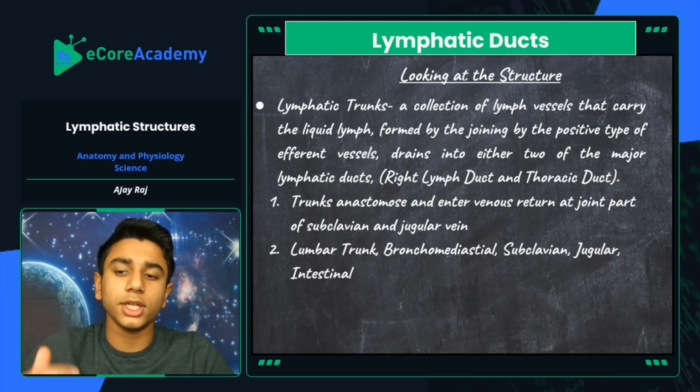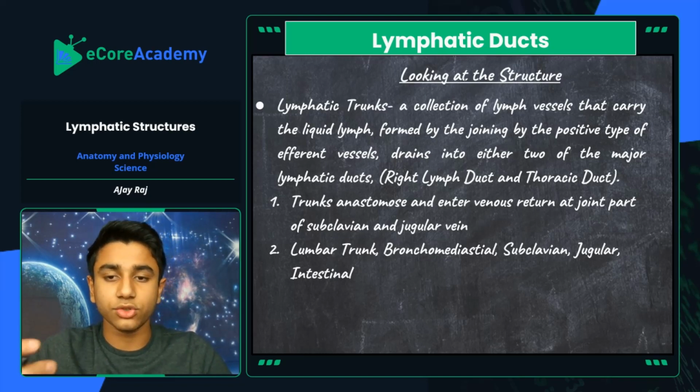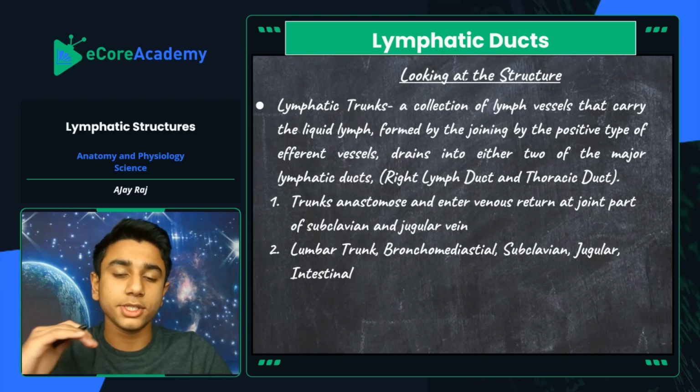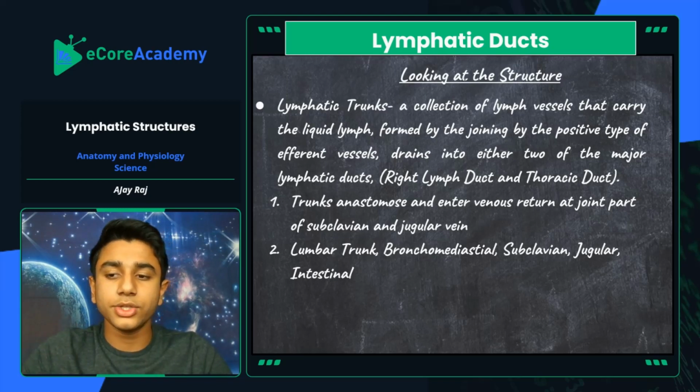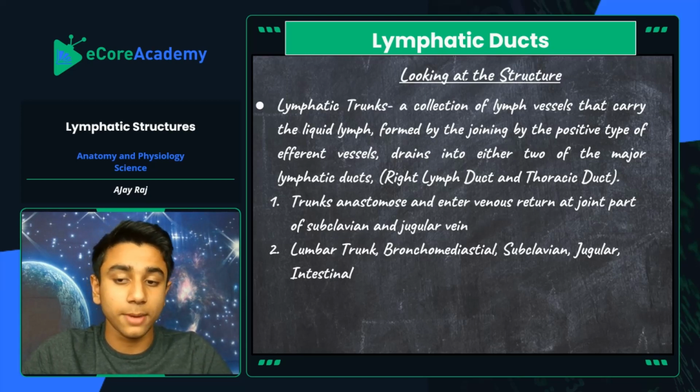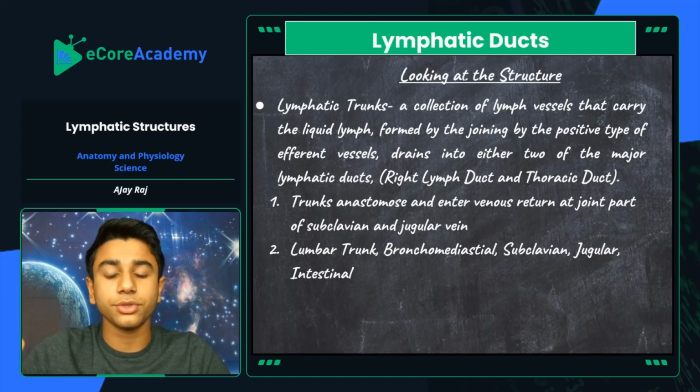And lymphatic trunks are a collection of lymph vessels that carry the liquid lymph, and these lymphatic trunks are located on different parts of the spine, and they're formed by joining the efferent vessels to the afferent vessels, and it drains into either of the 2 major lymphatic ducts, which are basically your drainage points, and they're located near these major joints, and they're known as the right lymphatic duct and the thoracic duct, and that's also determined by the spine itself, but I'll get into what those are.